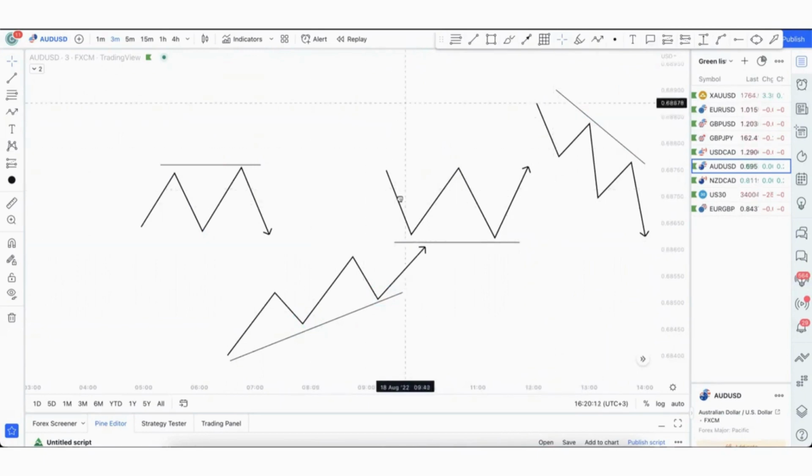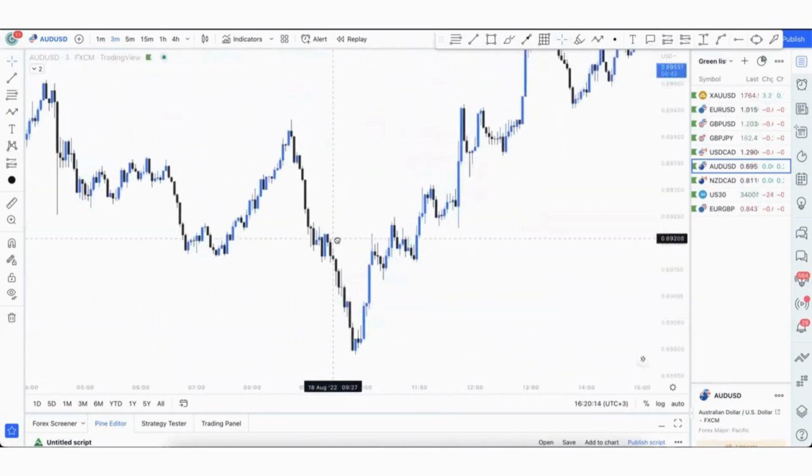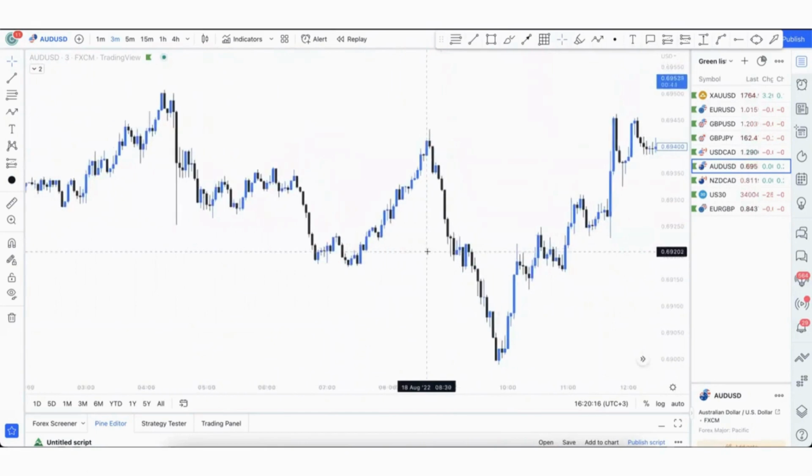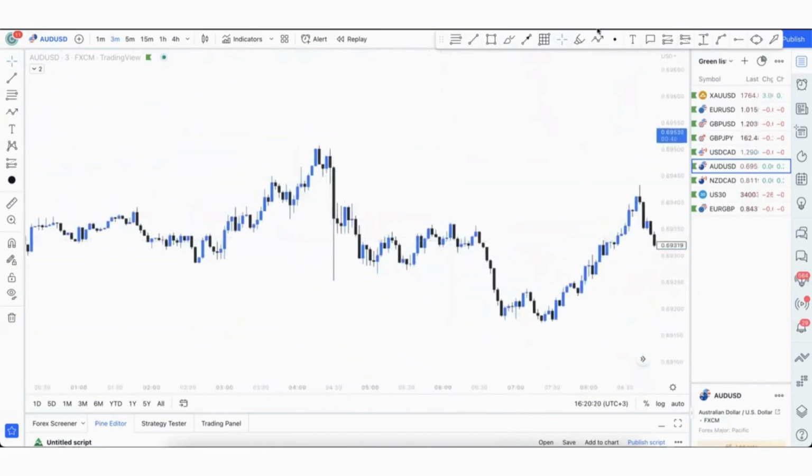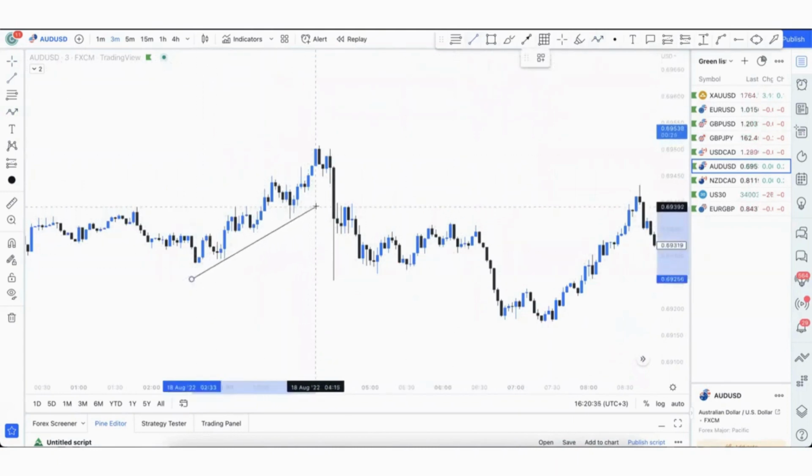So let me show you a sample chart. In this one, as you can see here, price has this uptrend structure, right? Usually the retail traders draw a trend line like this one.